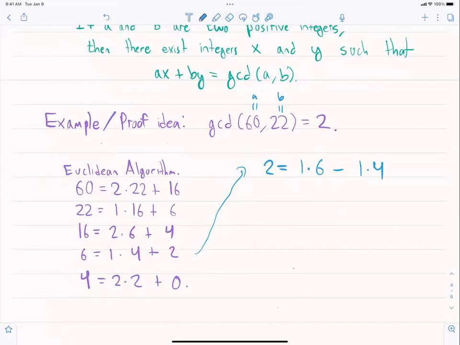Okay, and now I'm going to use the other equations to make these numbers 4 and 6 bigger until I only have 22 and 60 appearing, some multiples of them. So I'll start with the smallest one. So first I should do this to 4. So I get this is equal to 1 times 6 minus 1 times, okay, so how do I write 4? Well, here I use this equation to rewrite 4. So 4 is 16 minus 2 times 6.